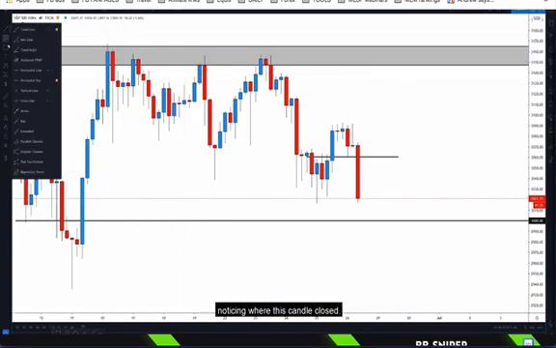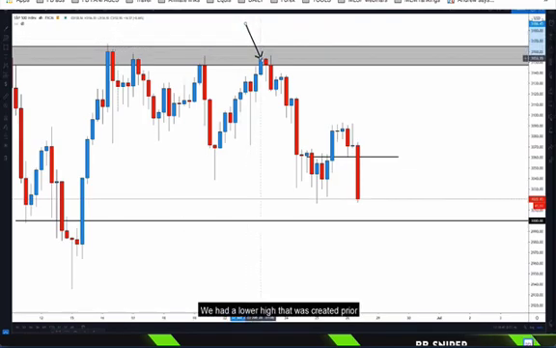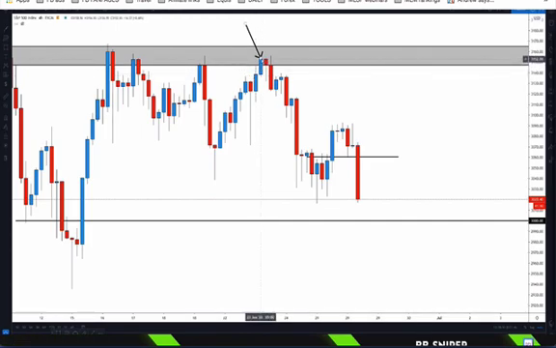Noticing where this candle closed, we had a lower high that was created prior to the market structure shifting lower.